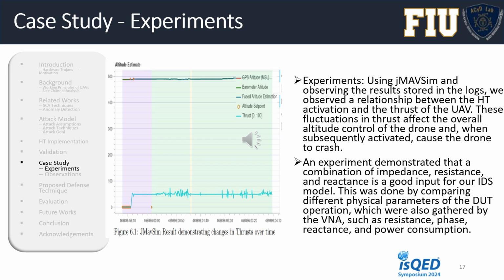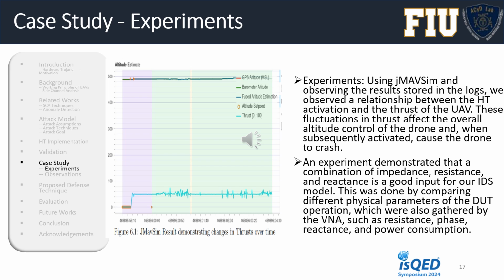What we observed from the logs using a hardware-in-the-loop simulation, with the hardware Trojan implemented on the UAV, is that there are some erratic changes in the thrust of the device. And these thrust changes pretty much align with the time of the hardware Trojan being activated.